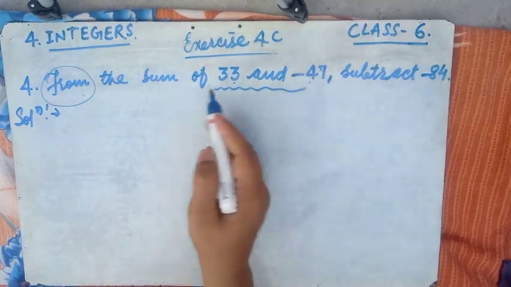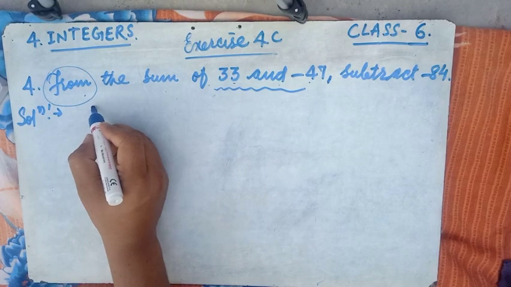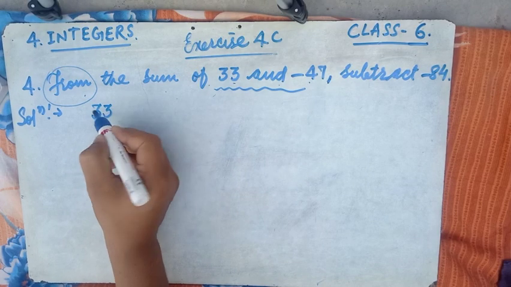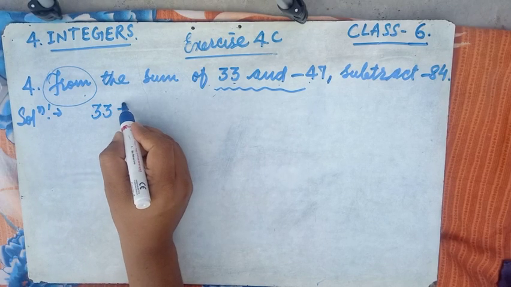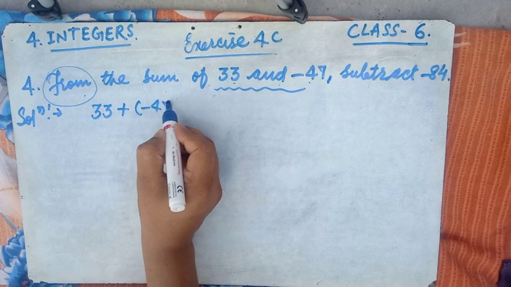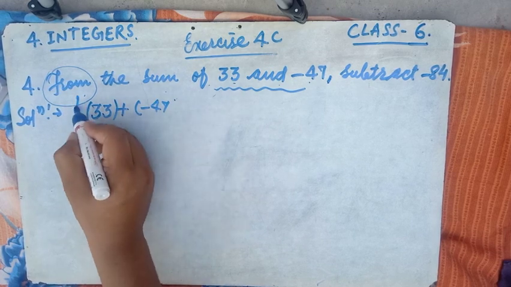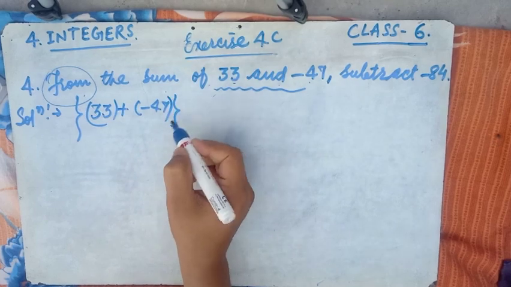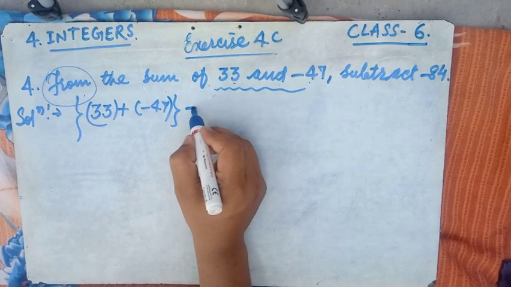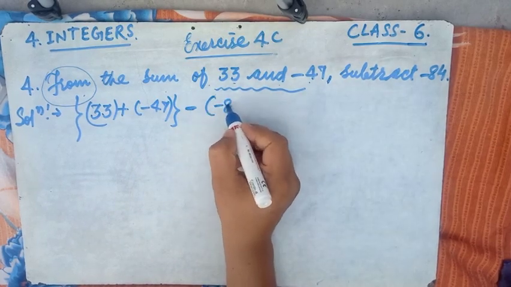But here is the sum, that means here 33, sum means add, plus minus 47. Here is the sum, then subtract, yes, here is the subtract, and this is minus 84.